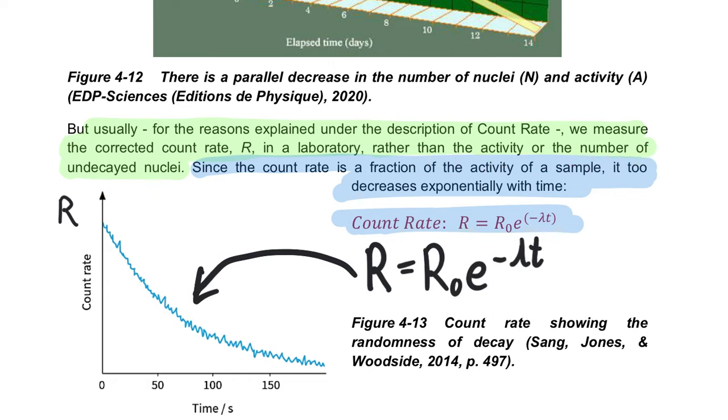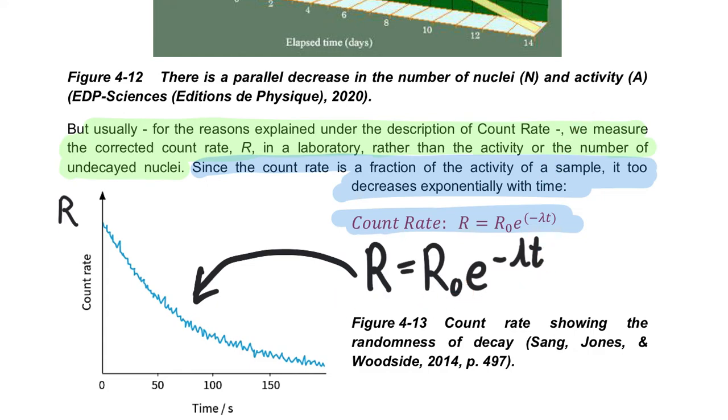So we use a Geiger-Müller counter, for instance, and the Geiger-Müller counter gives us the R, the count rate measurement, and not the activity. And since the count rate is a fraction of the activity of a sample, it too decreases exponentially with time, as we can see here, because it is dependent on the activity. And so it too follows this same mathematical form.